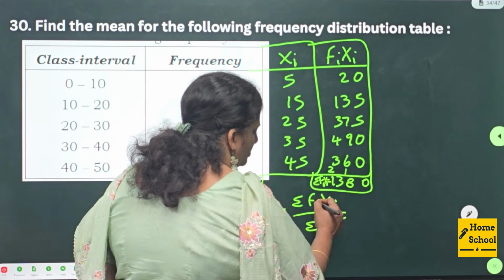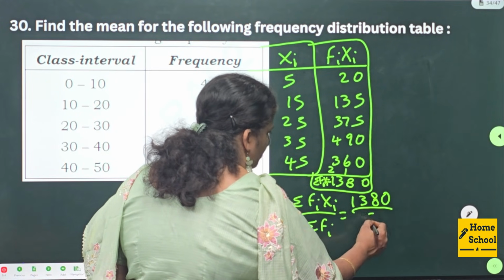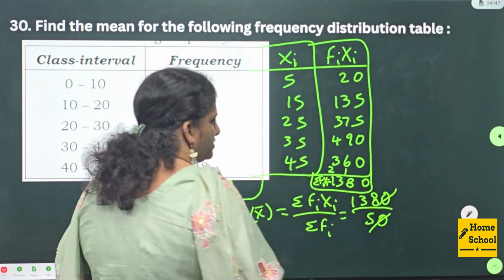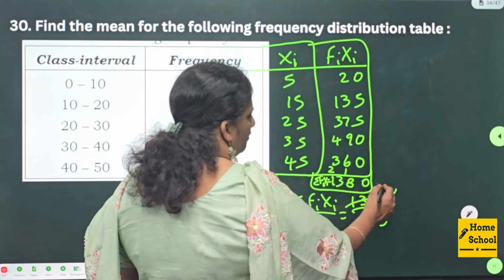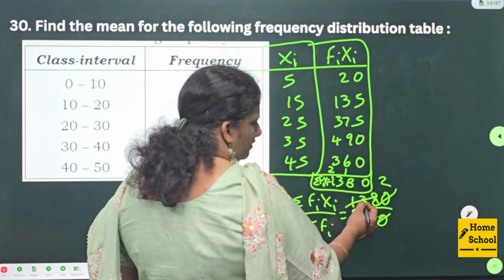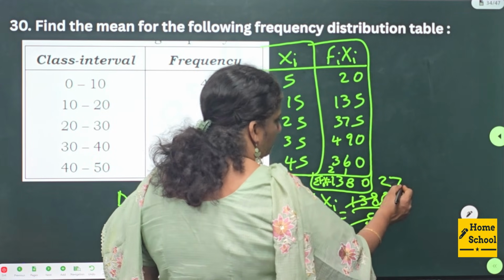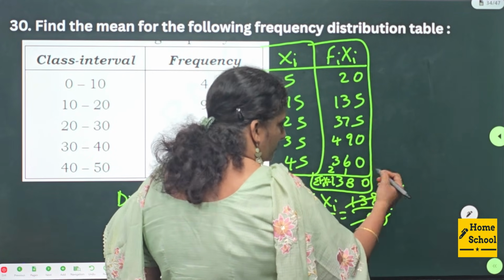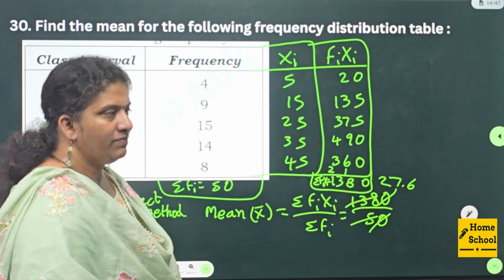Now substitute the value: 1380 by 50. 0, 0 cancel. With 5 you cancel here. 5 2s are 10. 3 left, 38. 5 7s are 35. Put a point here, 3 left. That becomes 30. That is 5 6s are 30.